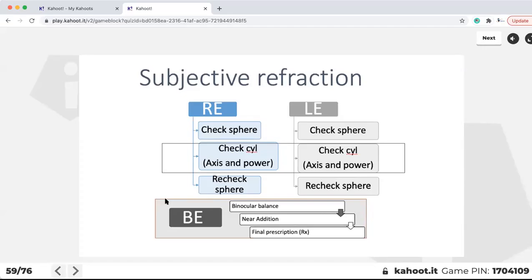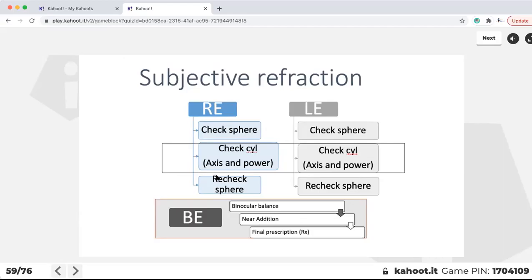I used to give this lecture for those who are sitting for the refraction test, but it will be useful for you too. So starting from the subjective refraction, we measure for each eye separately. For the right eye, we check the sphere, then the sphere for the left eye, then we check the cylinder for the right eye, then the cylinder for the left eye, starting with the axis and then the power, and then we recheck the sphere.